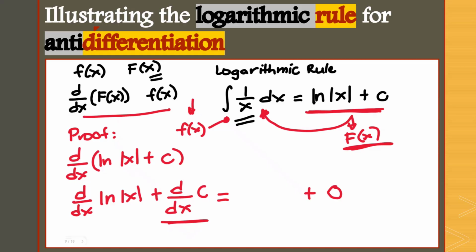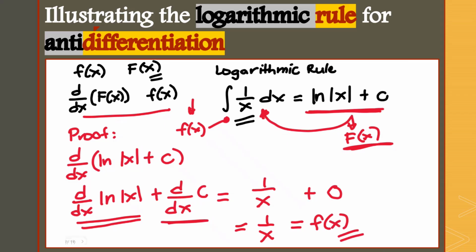And what is the first term equivalent to? If we talk about the rules for differentiation, the derivative of the natural logarithm of x is just equal to 1 over x. You may want to review that in the previous discussions where we talked about derivatives. So this is equivalent to 1 over x, which is equivalent to our original f of x. This proves the logarithmic rule to be true.